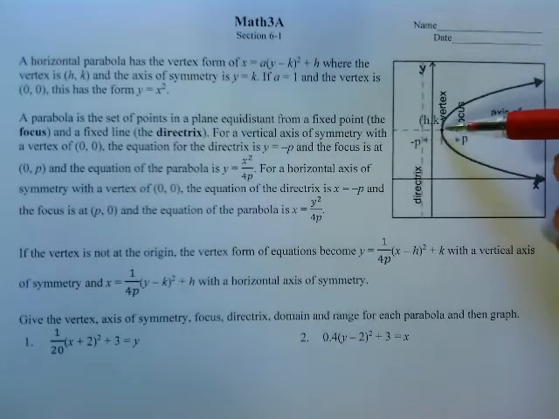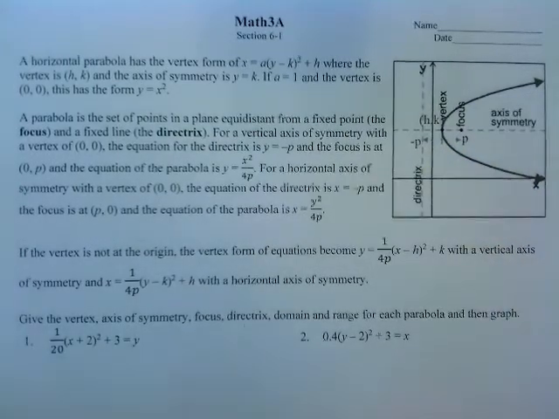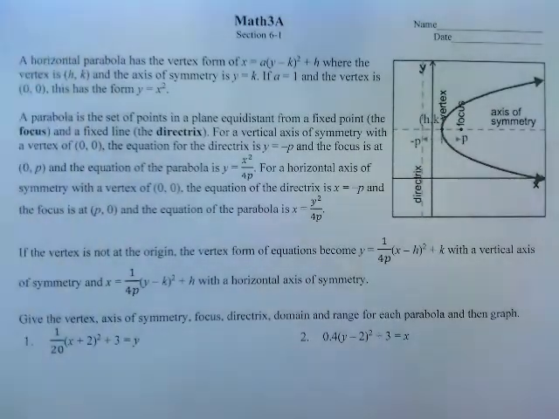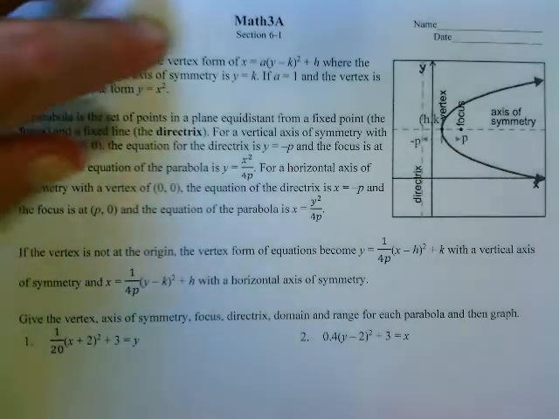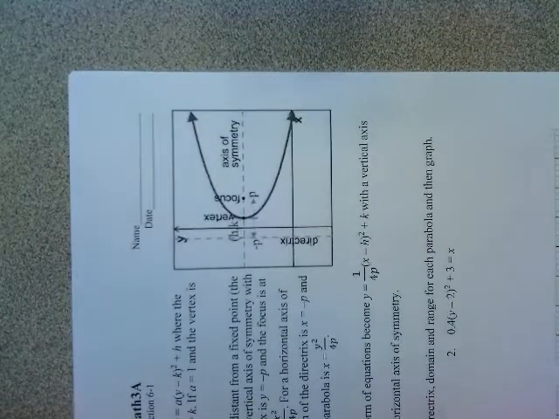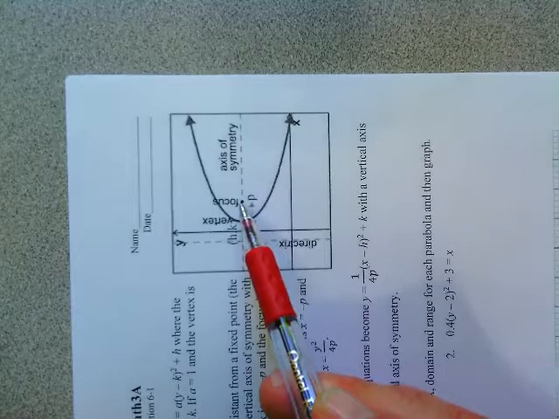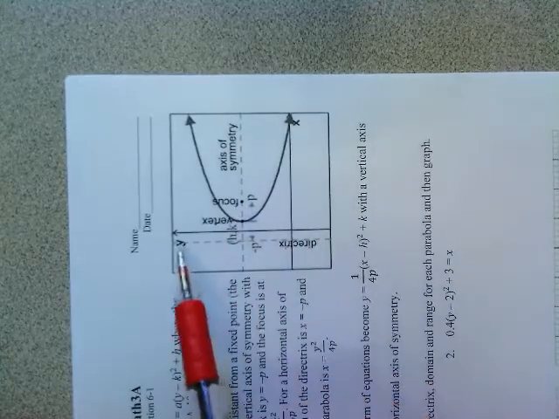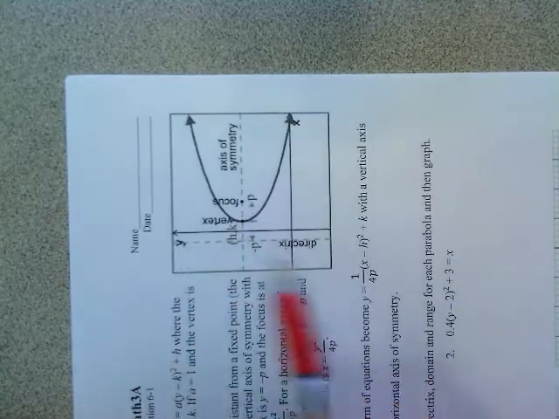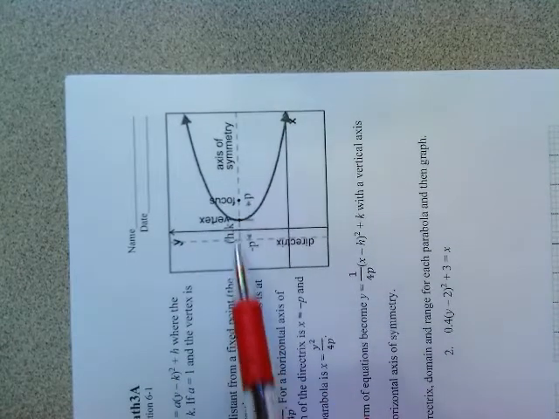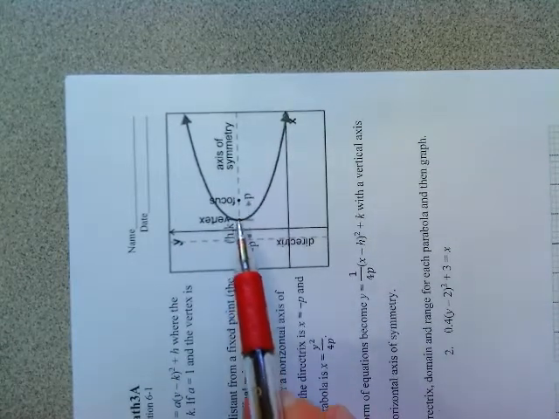The distance from the vertex to the focus is the same distance from the vertex along the axis of symmetry to the directrix. Now, if we had wanted to include these before, we could think in terms of a parabola that would be opening up, and again the focus is always inside the parabola. The directrix is a line that is outside of the parabola, and these two distances here and here are the same.